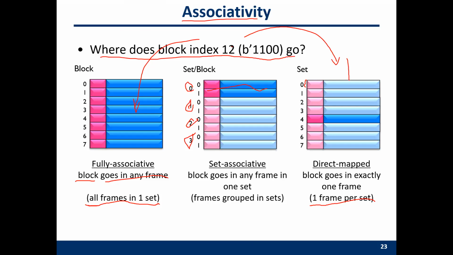And this address can go to one set here, but inside that set, you can go to both frames here. So by set associativity, we can combine the block and the set concept.